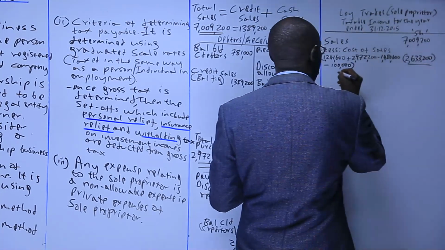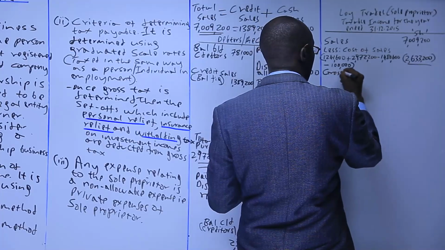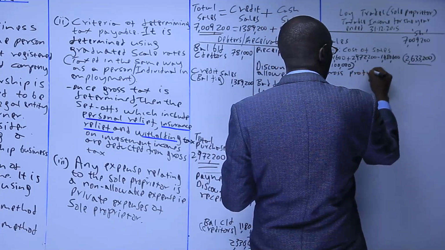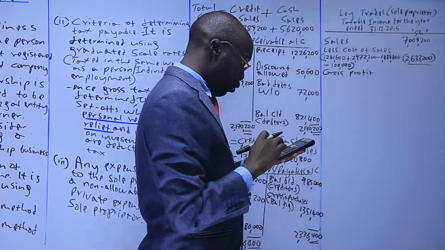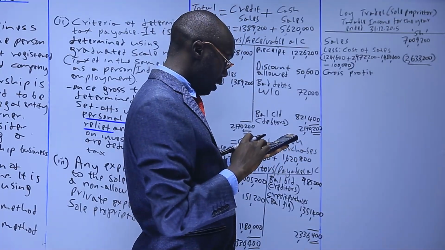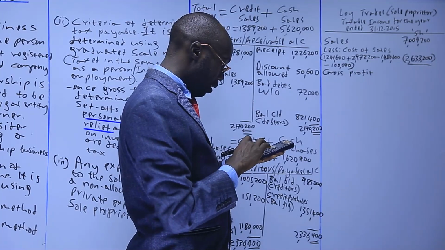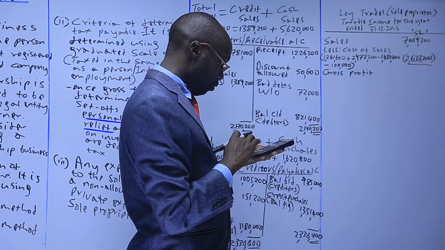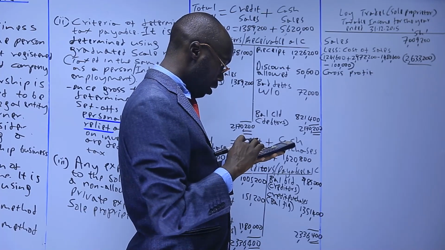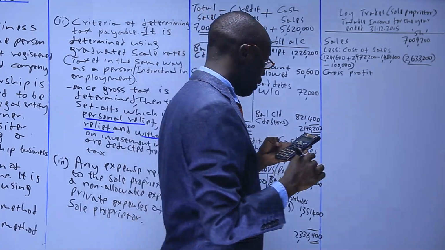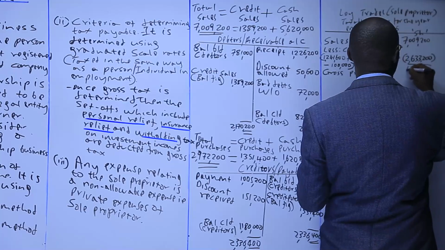And that will give us the gross profit. So gross profit, which would be, we take 7,009,200, and then we minus that figure, which gives us 4,376,000.